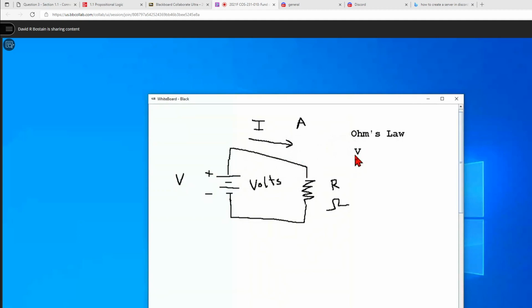Ohm's law says that the voltage that a particular device is dropping or is using is equal to the current passing through that device times the resistance of that device.